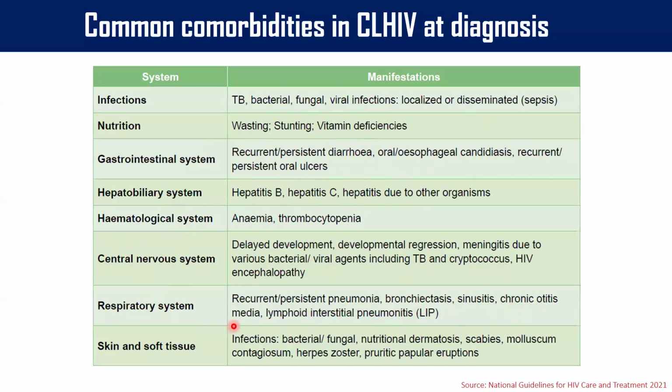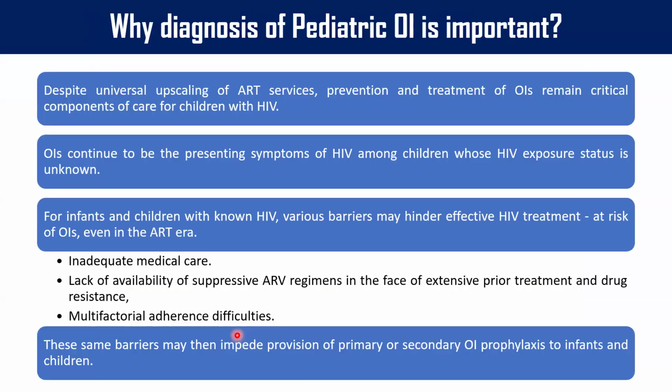So all these are infection related. Skin and soft tissue will have infections. So OI plays a very important role in comorbidities associated with HIV infection, not only in children, even in adults also. So why is the diagnosis of pediatric OI important?